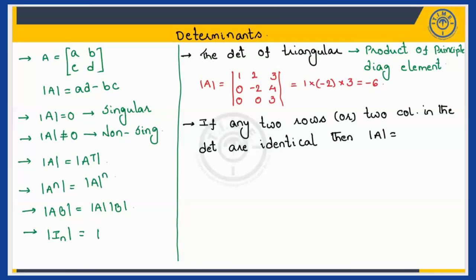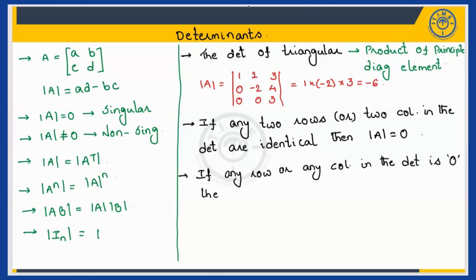So then the determinant is 0. And again, if any row or any column in the determinant is 0, then the determinant value is always 0.